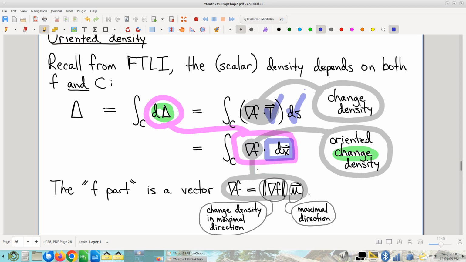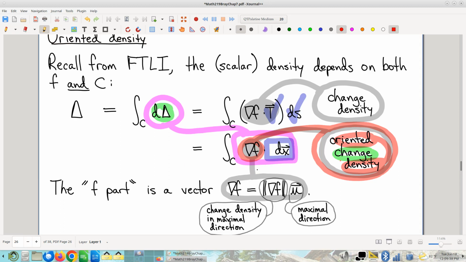So if you interpret dx as being oriented size, then doesn't it make sense, I think, that this, being the thing that you dot with oriented size to get stuff, we call an oriented density, in a way, just being flexible about the notion of a density.